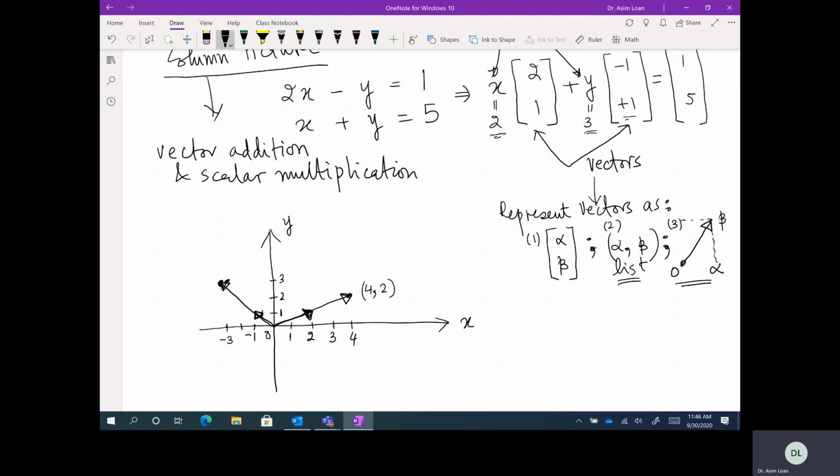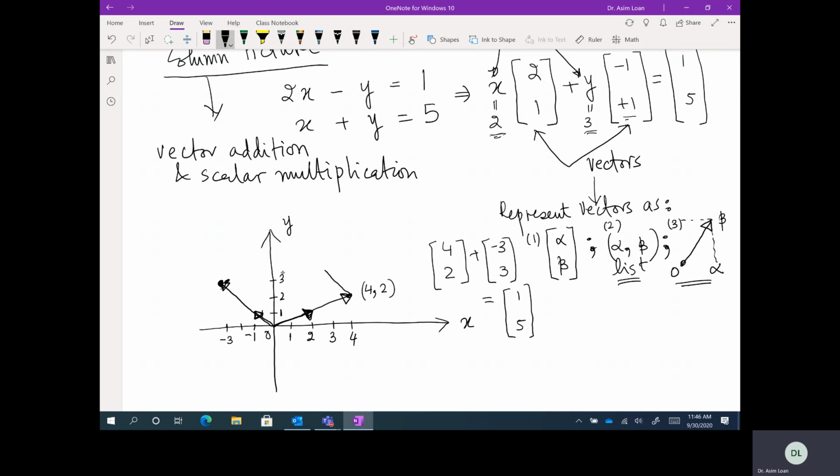So this is simply the parallelogram rule of adding vectors. When I add 4, 2 and minus 3, 3, this should be equal to 4 minus 3 is 1, 3 plus 2 is 5.